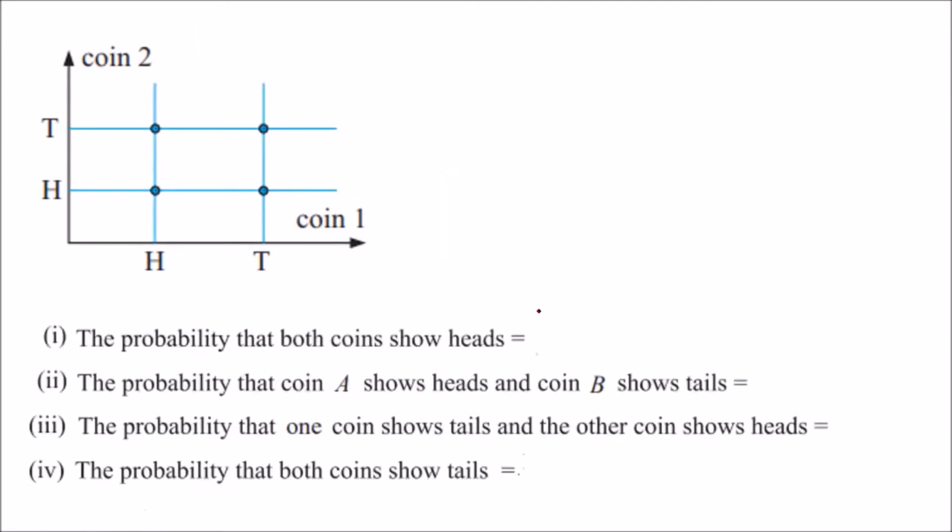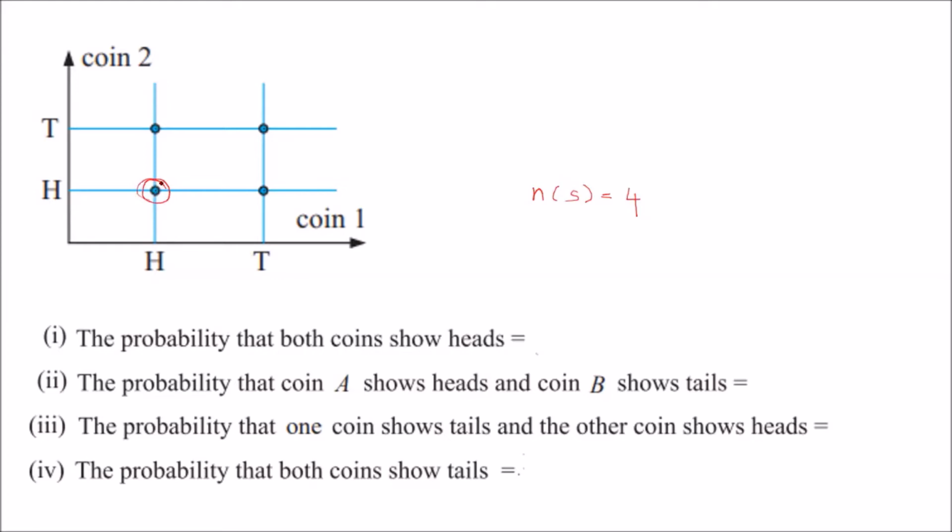Now there are 4 events. Therefore, n(S), the number of elements in the sample space, equals 4. Now, what is the probability that both coins show head? Both coins show head means only one event, this one.